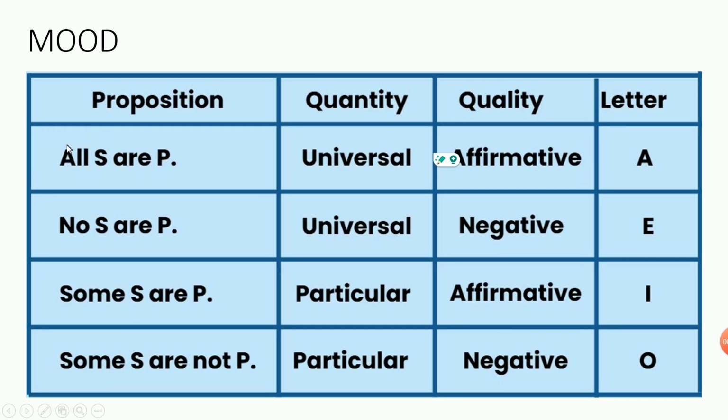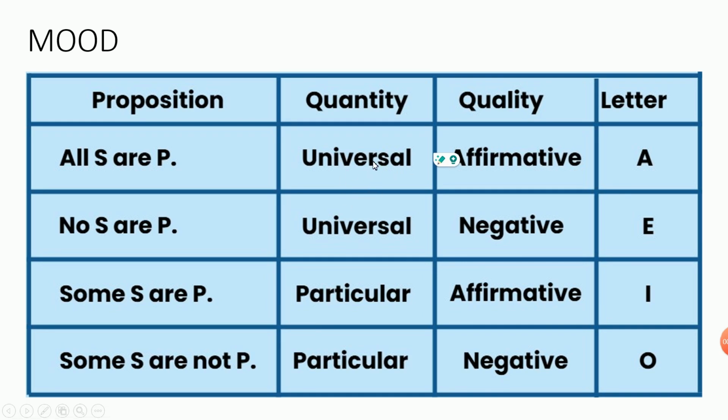The first one would be all S are P. S is subject here, P is predicate. Then no S are P. S again subject, P predicate. And some S are P, some S are not P. From yesterday's class, quantity and quality, we might have seen both.